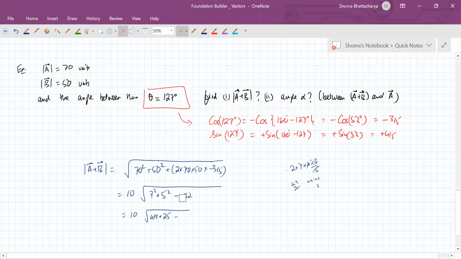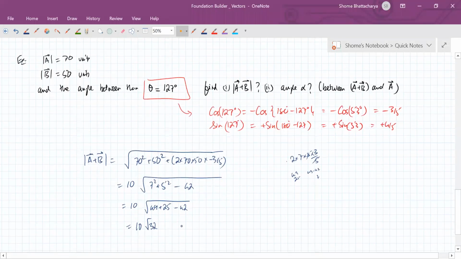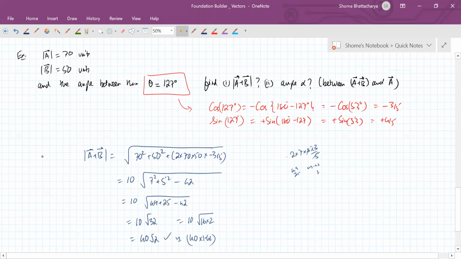This is 42. So 10 root 32, which we can write as 10 root 16 into 2, so 40 root 2, and approximately 40 into 1.4, but we can leave the answer this way. So this is the answer to our first part, magnitude of A plus B.